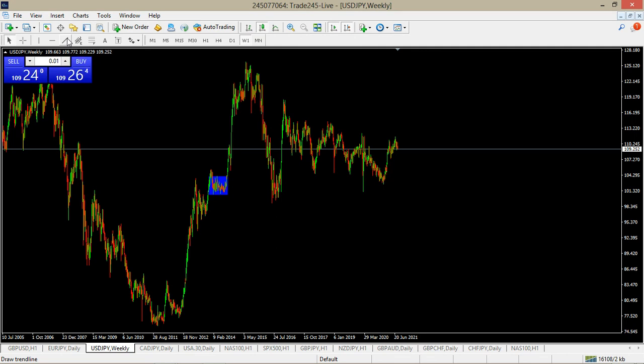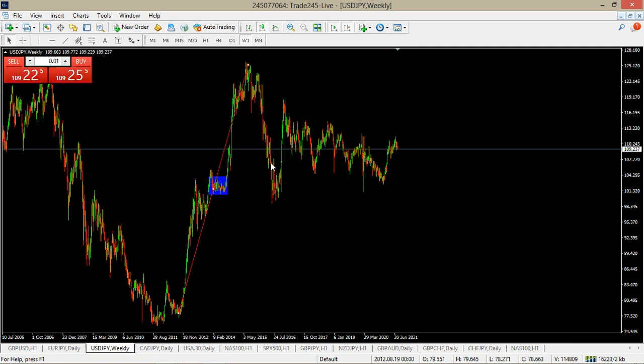In the forex market, we have about three types of movements. The first movement is the bullish movement. This is where the market moves from down here up there, the buying movement. We call this the upward trend, or the upward movement, the bullish movement. So in this market, we look for buying opportunities.